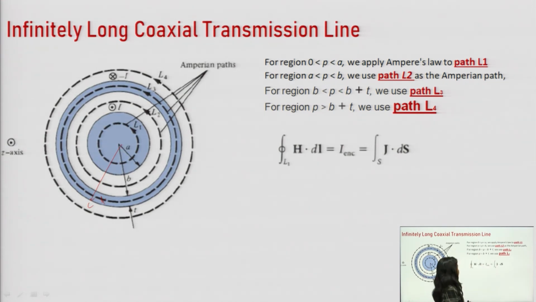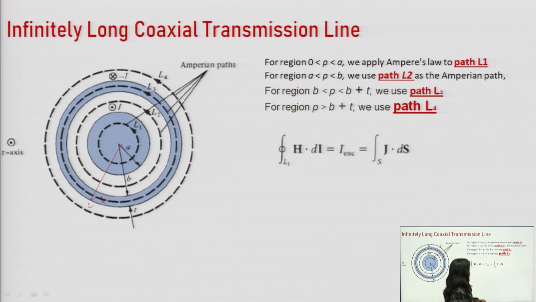So four kinds of situations arise, depending on rho, the distance between the center and our point of interest. If the point of interest is between 0 and A, then we will use an Amperian path which is shown here as L1, this one.